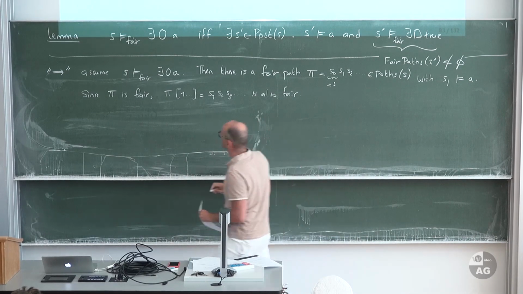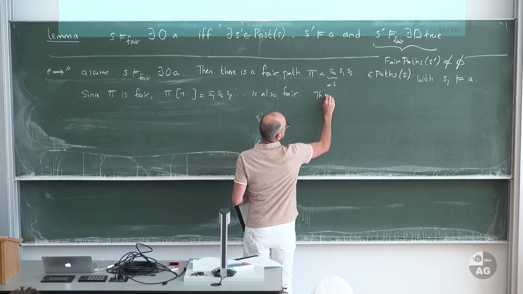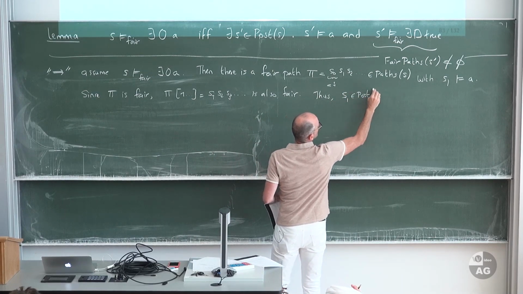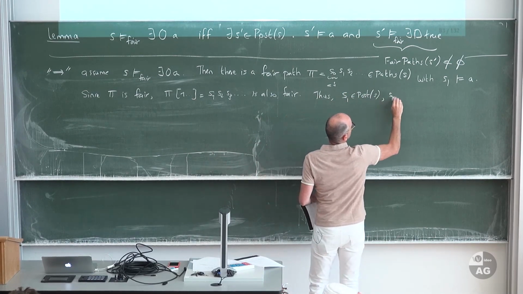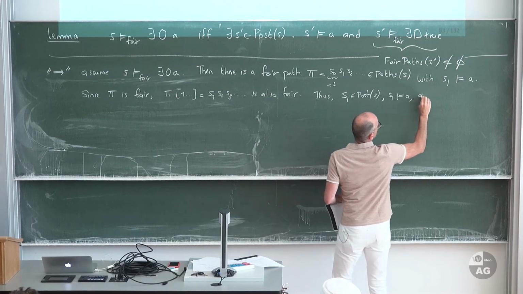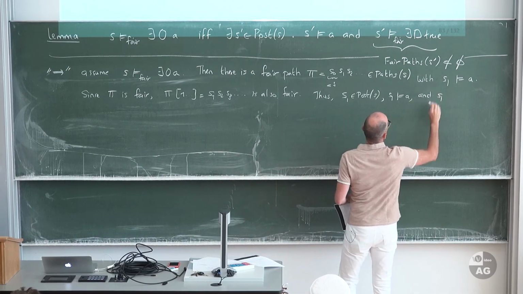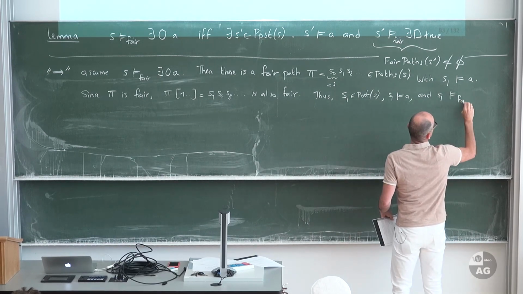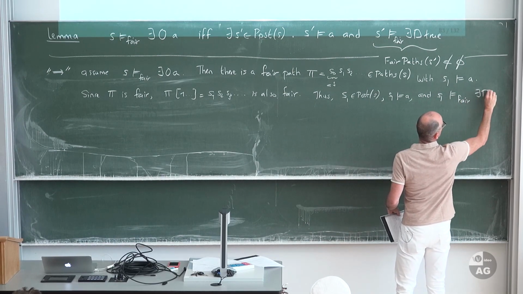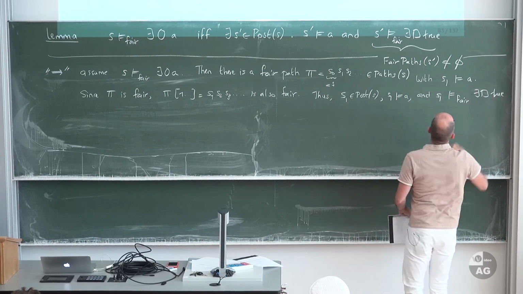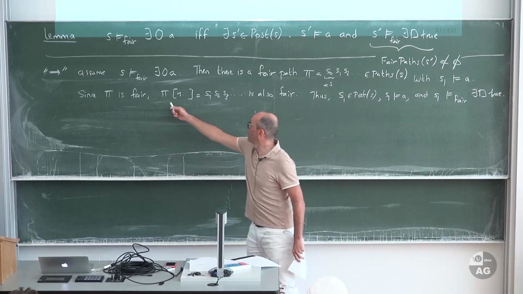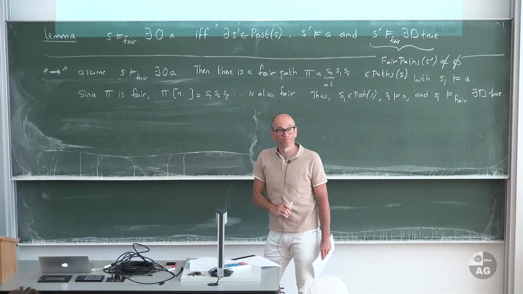Thus, S1 is a successor of S. It satisfies A, and S1 satisfies, under the fairness assumption, existential box true, because it has at least one fair path, namely the suffix of pi.